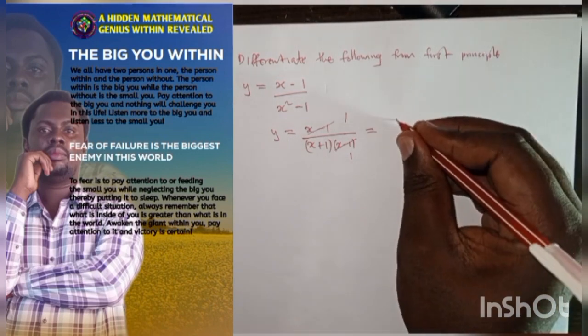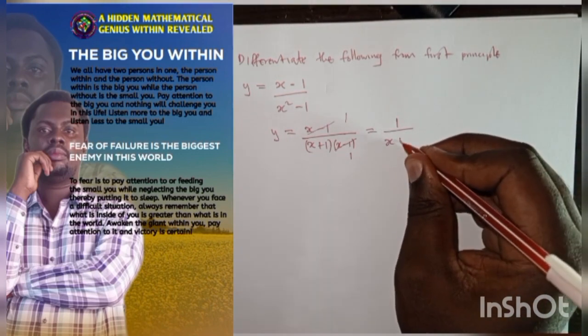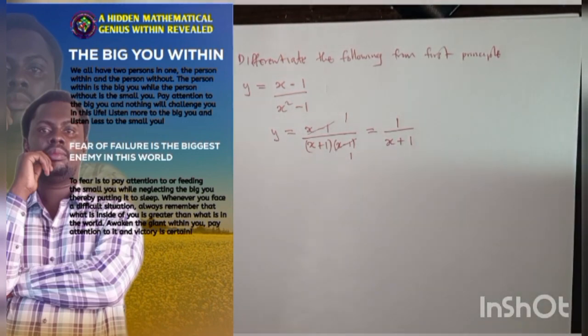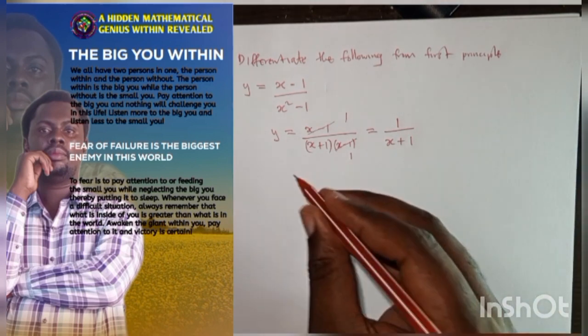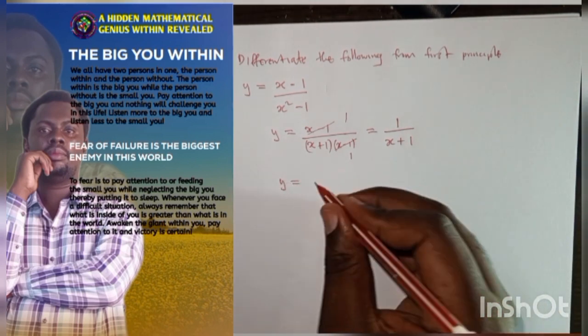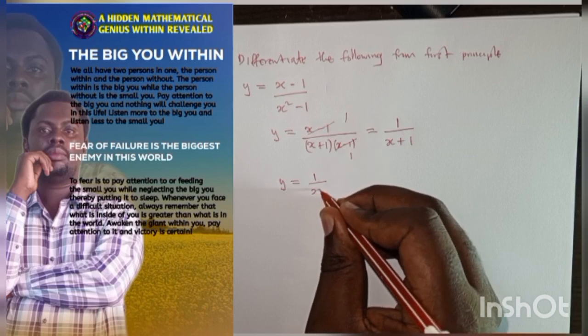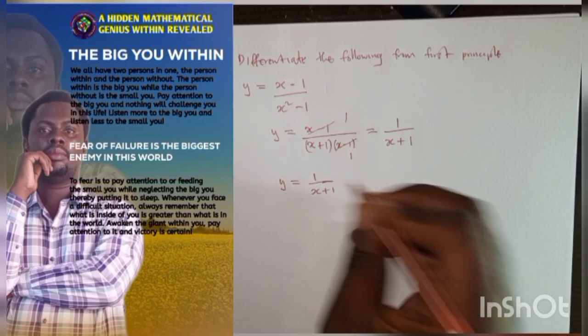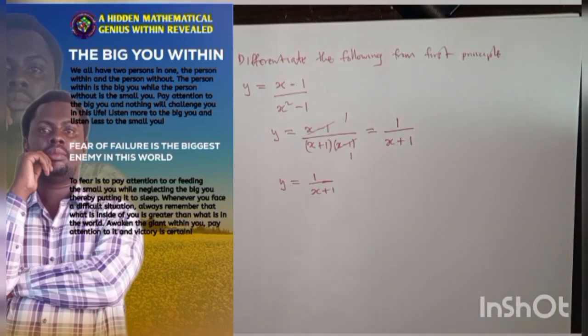So we are going to have 1 over x plus 1. In short, y is equal to 1 over x plus 1. So we are going to differentiate y is equal to 1 over x plus 1 from first principle.